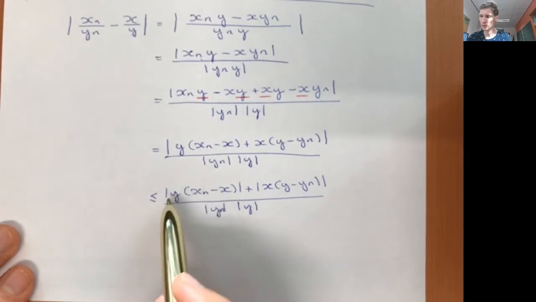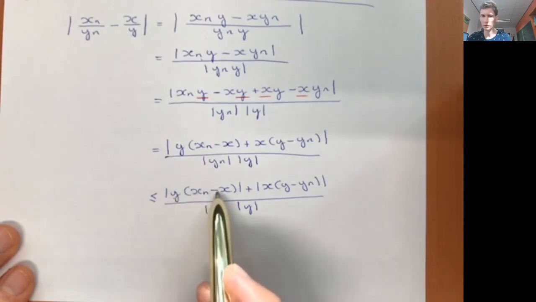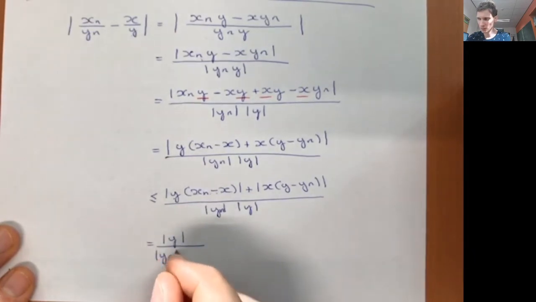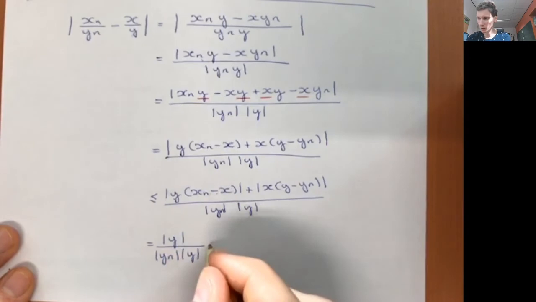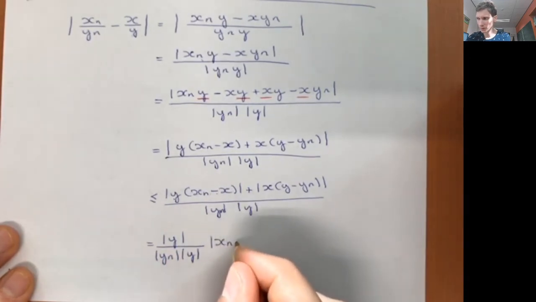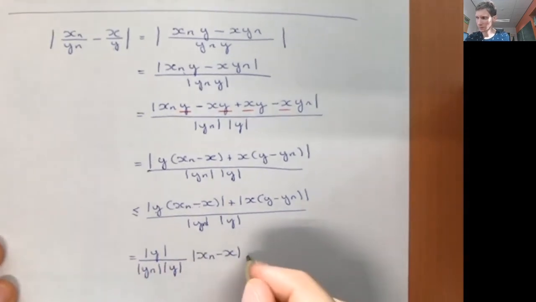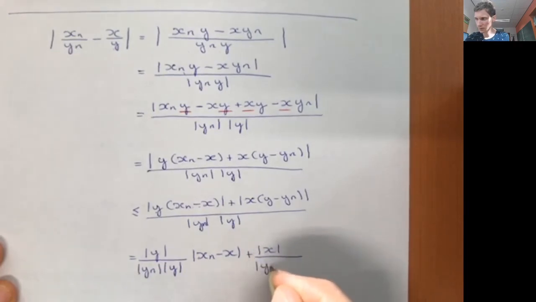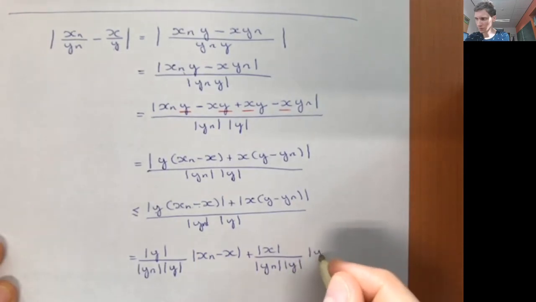Again you have the absolute value of a product, so this is the product of the absolute values. We can write this as the absolute value of y divided by the absolute value of yn times y, times the absolute value of xn minus x, plus the absolute value of x divided by the absolute value of yn times the absolute value of y, times the absolute value of y minus yn.